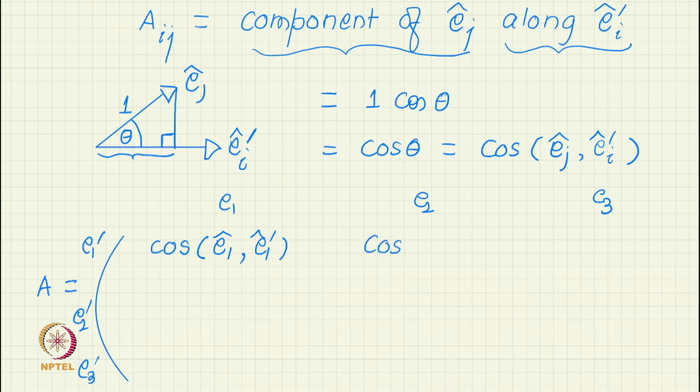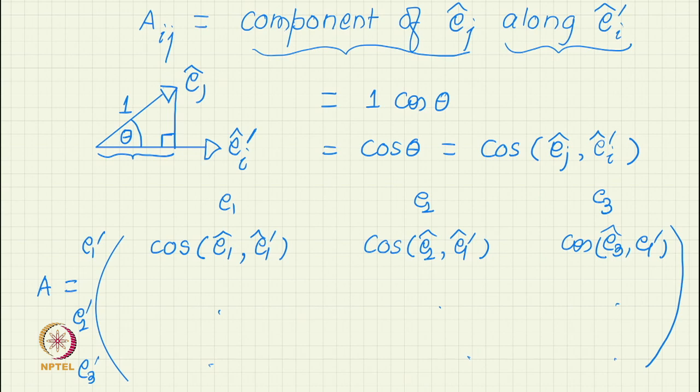In the second row we have the cosine of E2 and E1 prime, the cosine of E3 and E1 prime. Similarly, you can fill all these 9 terms. Each of them is a cosine between two directions, and it can be called the direction cosine of E j.